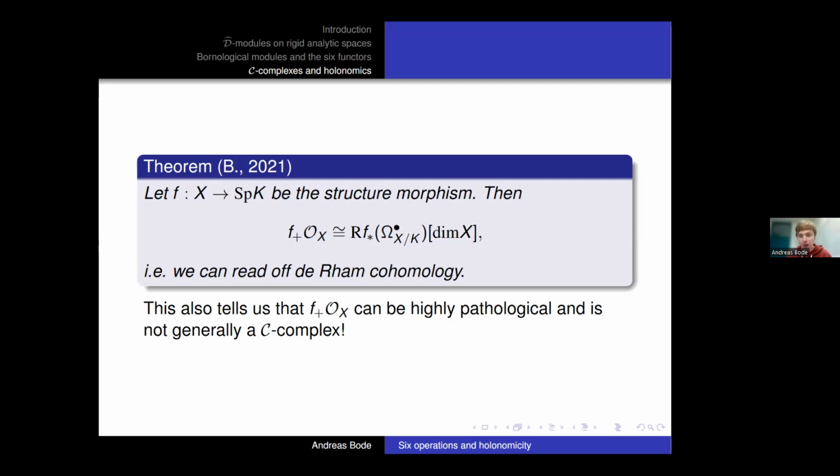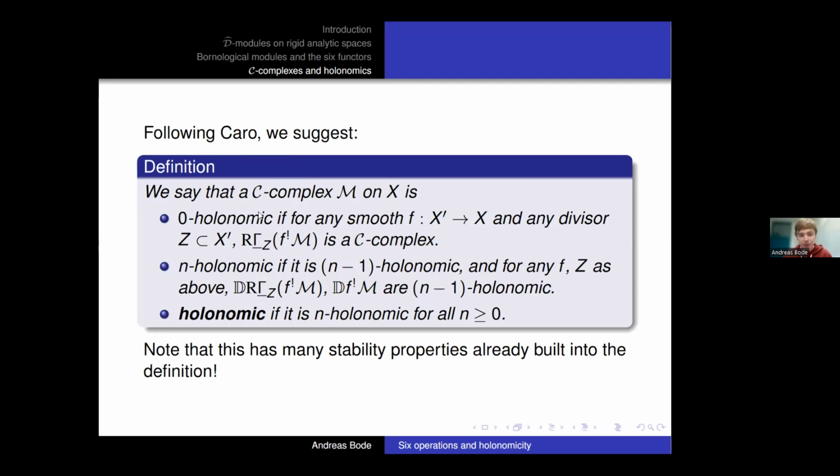And here I'm going to follow an approach introduced by Daniel Caro for D-modules in positive characteristic, which basically just feeds all the desired stability properties into the definition and then shows that this is a suitable category. So lots of text. What this is saying is a C-complex is holonomic if it is a C-complex which stays a C-complex under any finite succession of the duality functor, the inverse image functor, and taking local cohomology in some divisor.